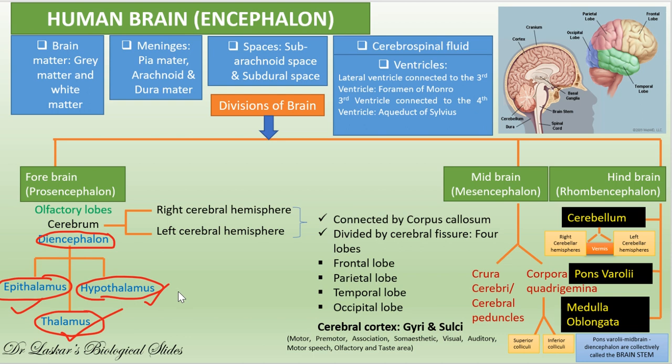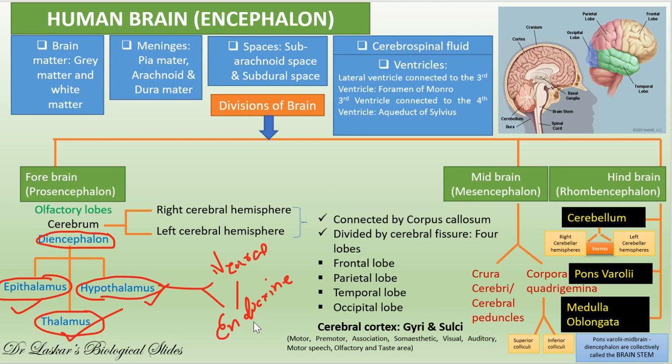This hypothalamus links the neural system to the endocrine system and exercises a regulatory control on the functioning of endocrine glands by secreting neurohormones.